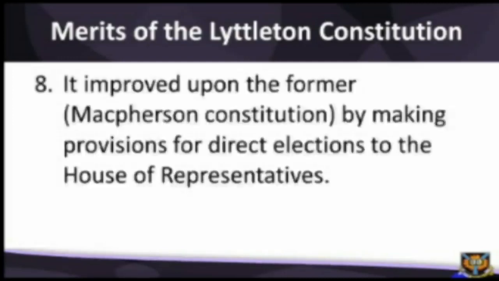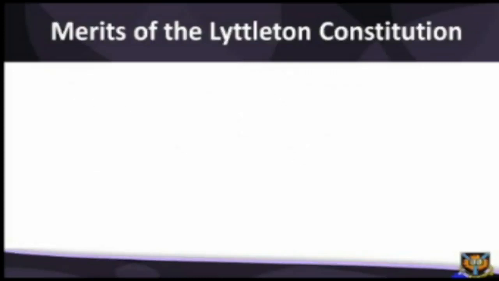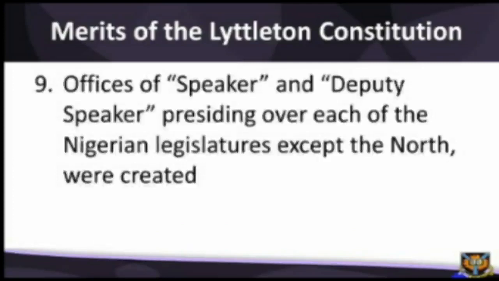In addition, the Littleton Constitution improved upon the former Macpherson Constitution by making provisions for direct elections to the House of Representatives. It made the beginning of direct elections to both the federal and regional legislatures.